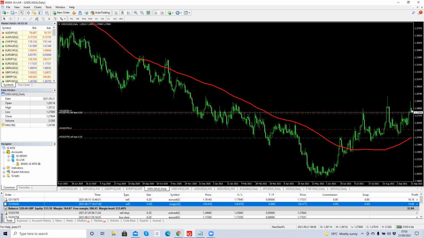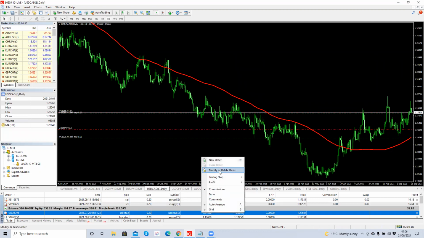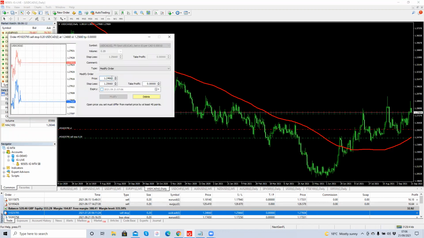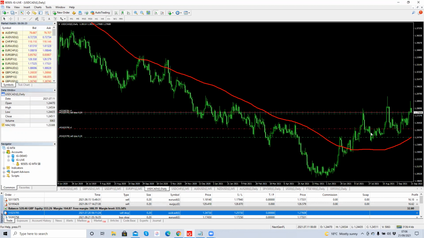So I'm just going to adjust my pending sell order just below the moving average to 2 pips below that. So that'll be 1.2473. So I'll just modify that to 1.2473 with 100 pips stop loss to 1.2573. So that's it for my swing trade for the dollar Canadian dollar.